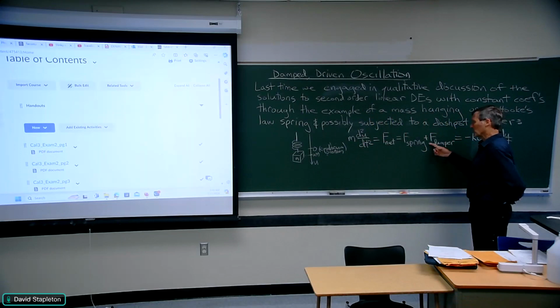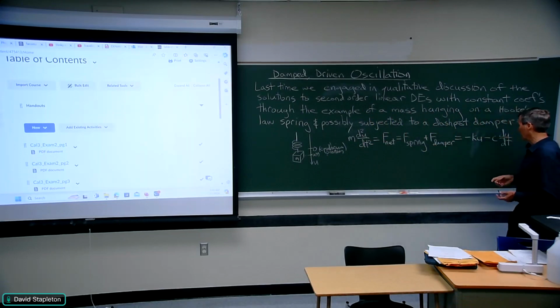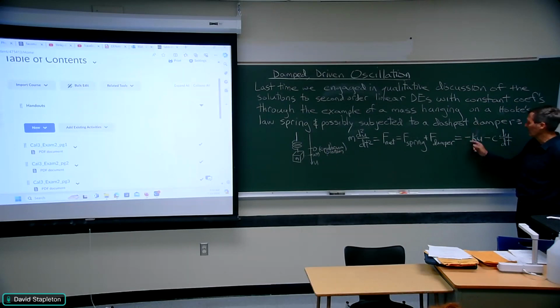An ideal spring, just experimentally, and some springs are designed to be this way, has a force that it pulls back with when you pull it down proportional, that is a constant multiple of, the displacement. If you pull it twice as far, it pulls twice as hard, three times as far, it pulls three times as hard. So the force from the spring is minus k times u for some constant k greater than 0.